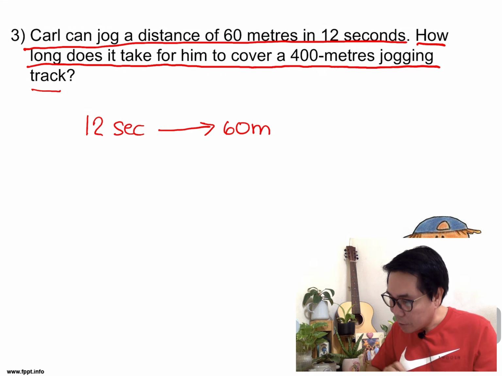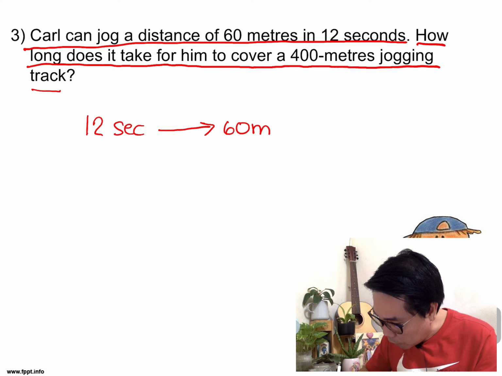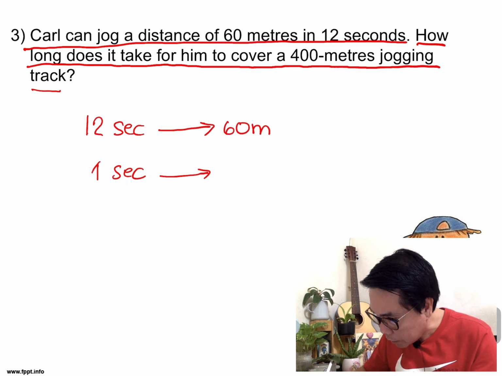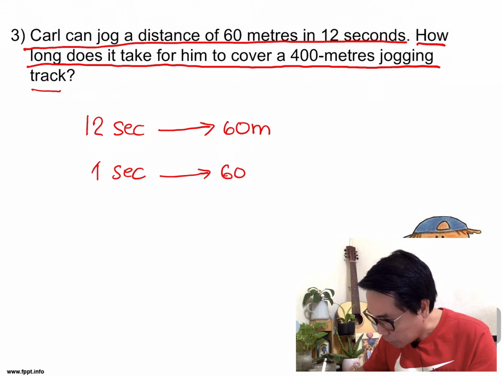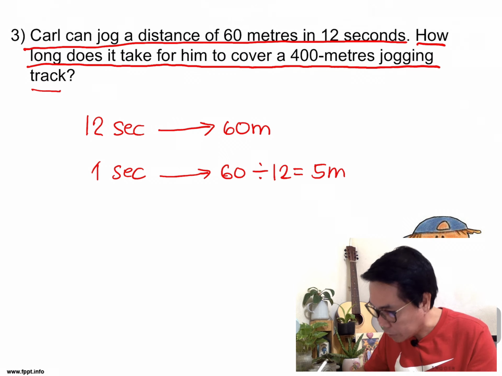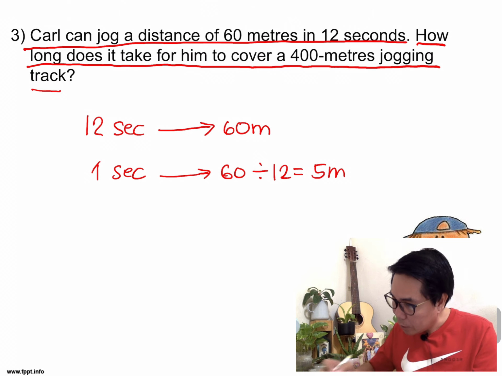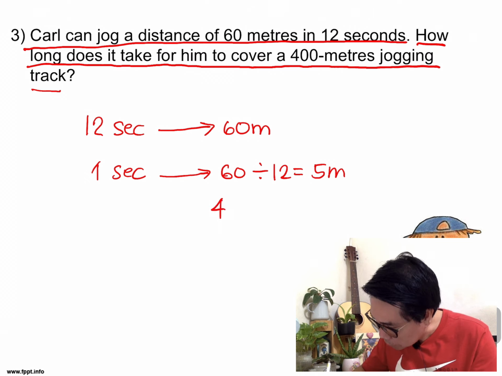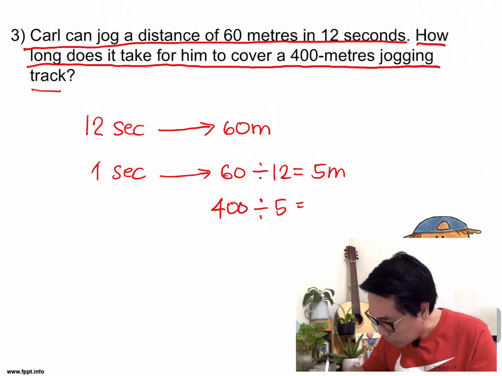That means for 1 second, it must be 60 divided by 12 equals 5 meters. Then for 400 meters, divide by 5. So 40 divided by 5 is 8, and then one 0 left, so that is 80 seconds.